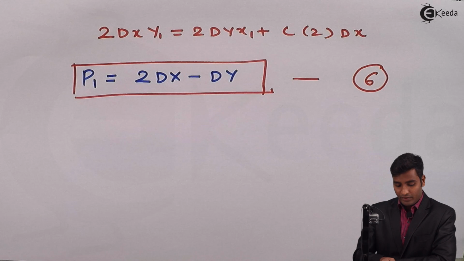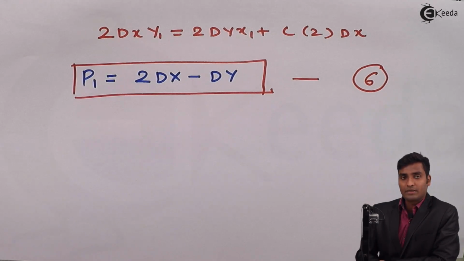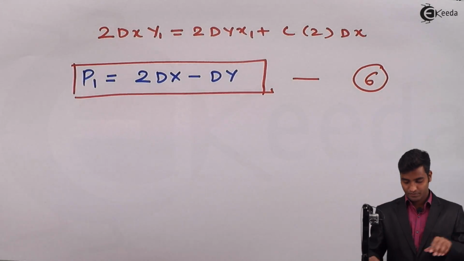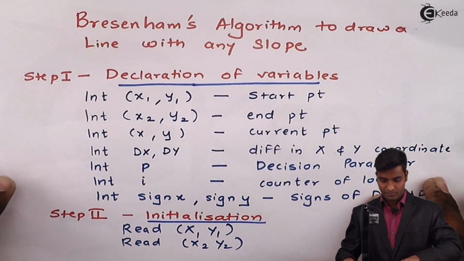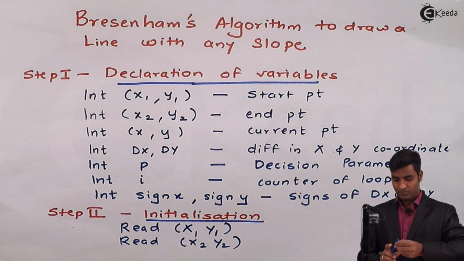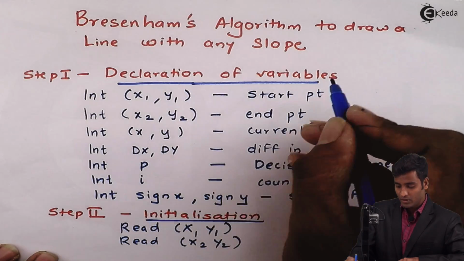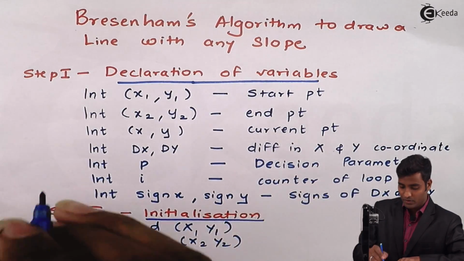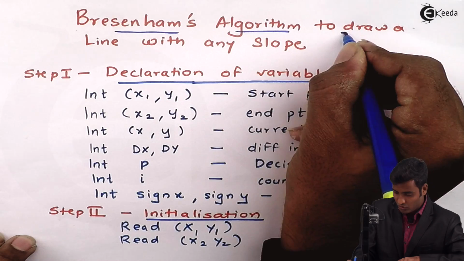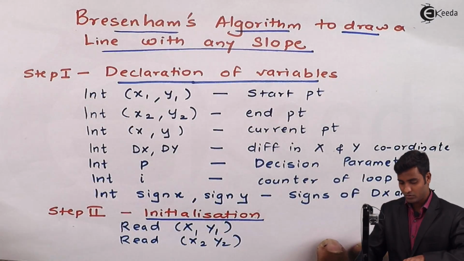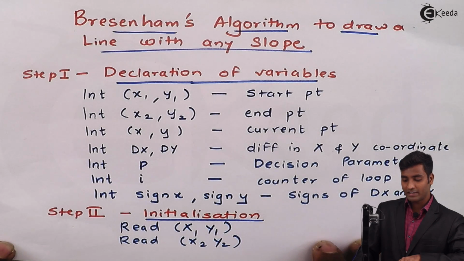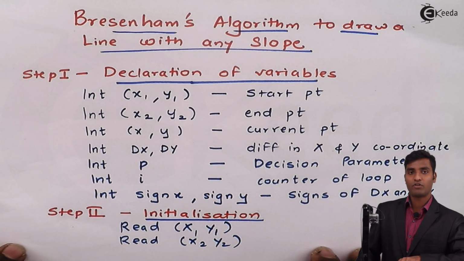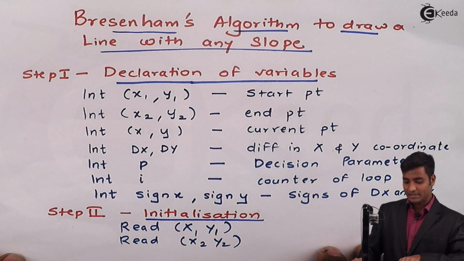So now we will see the steps of the algorithm, that is Bresenham's algorithm to draw a line with any slope. So there are steps for solving the algorithm for generation of a line by Bresenham's.